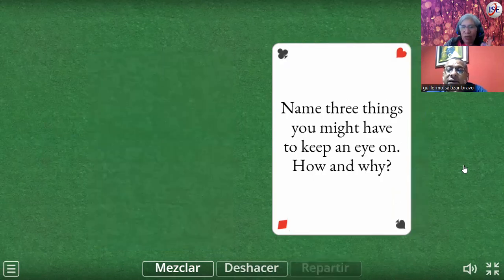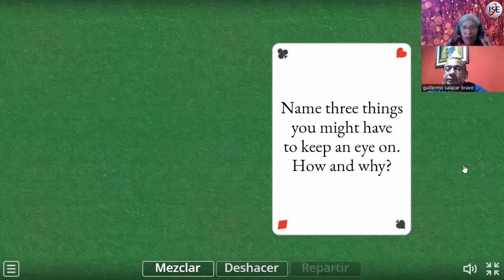Name three things you might have to keep an eye on, how and why? I must keep an eye on my sugar intake, the sugar I eat, because my mother and my grandmother were diabetics. I have to keep an eye on my weight because, as I broke my ankle, I cannot get heavily overweight because it can damage the metal in my ankle.